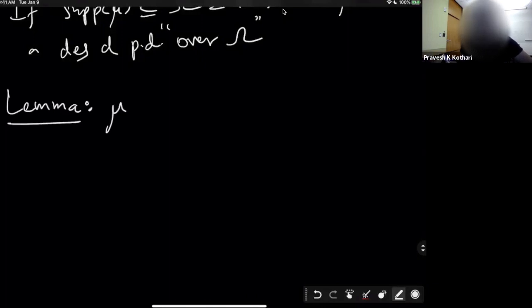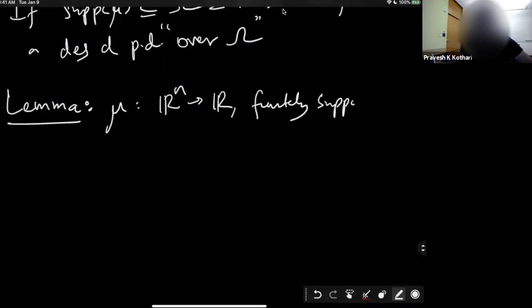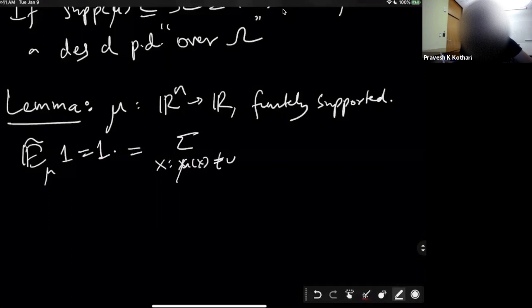So say mu is a finitely supported function, and let's say that this is always 1. Remember, this just means that the sum over x with mu(x) not 0 of mu(x) is 1. So suppose mu is some finitely supported function such that the formal expectation with respect to mu of the function 1 is 1.